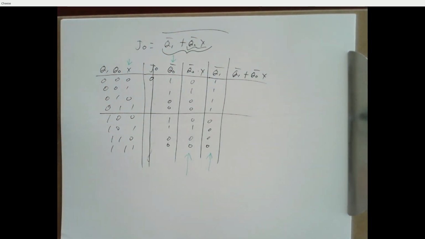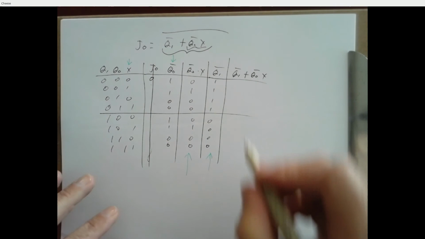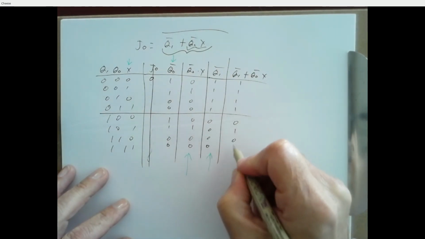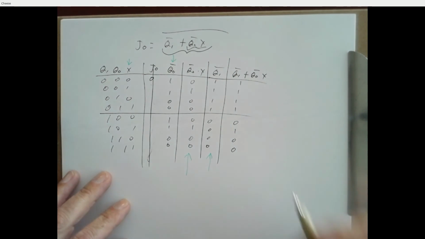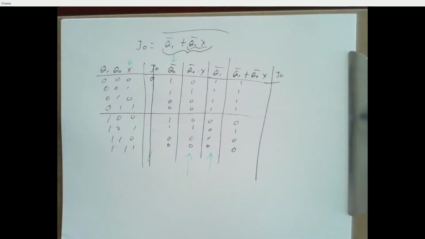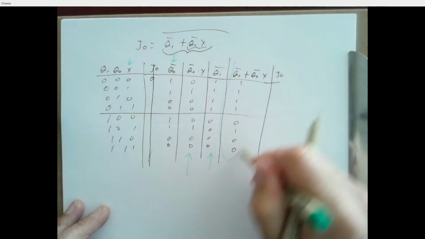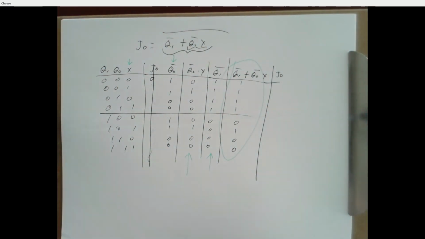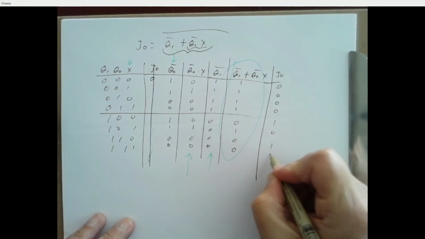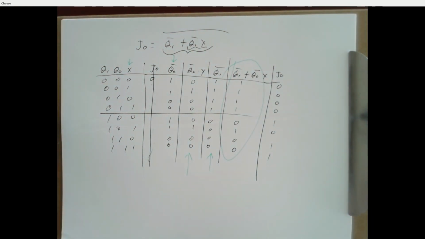So if either one of those is a 1, we want a 1 in the output. Well, that's pretty easy. Looks like that. And now you can fill in J0, and it's just the complement of this column. So 0, 0, 0, 0, 1, 0, 1, 1. And if you do that carefully, you're almost guaranteed to get the right answer there.